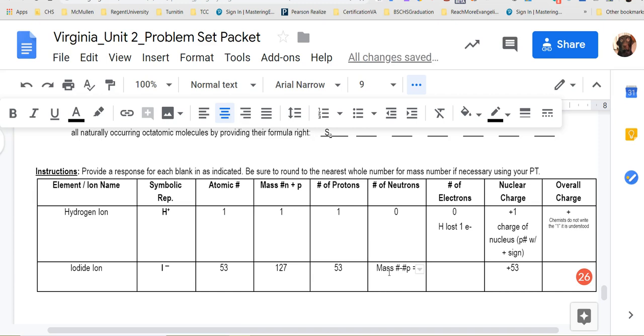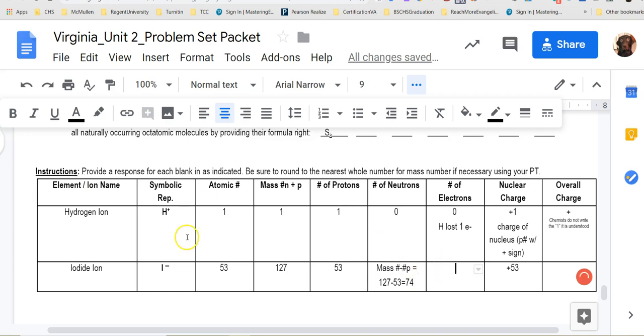So here we've got a mass number 127 minus 53, and we get 74. Did I add that right? Yeah. 74, okay, for our neutron number.